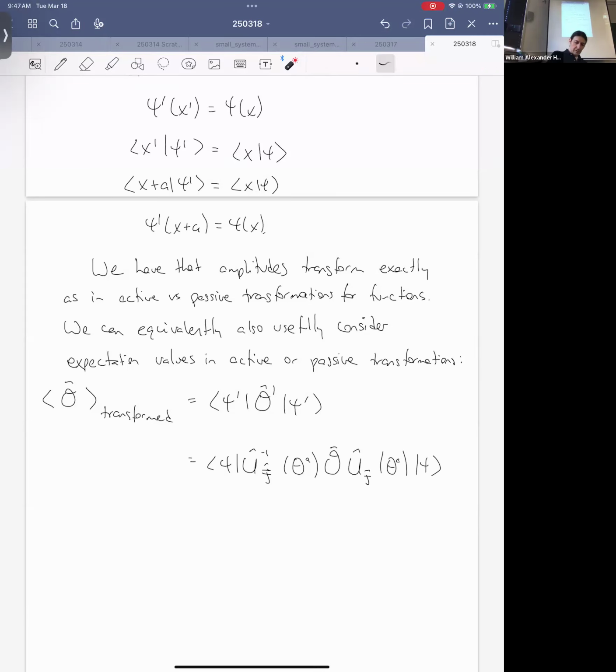Where I can think about either my operator being untransformed, i.e. an active transformation, and my states being transformed. So I have my unitary operator acting on the state to the right, and my inverse unitary operator acting on the state to the left. Or I could think about my states being unchanged, and rather these unitary operators performing a similarity transform on the operator.